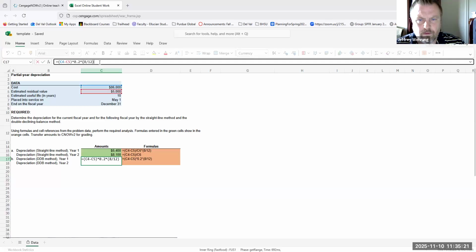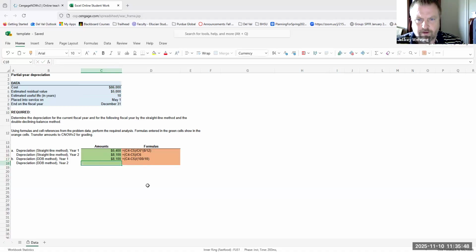So it's 10 years, right? So we take the 10-year useful life. So divided by 10 would be our straight line, right? So 100 divided by 10. This is interesting. That would be 10. I wonder if they're doing the full year right here.